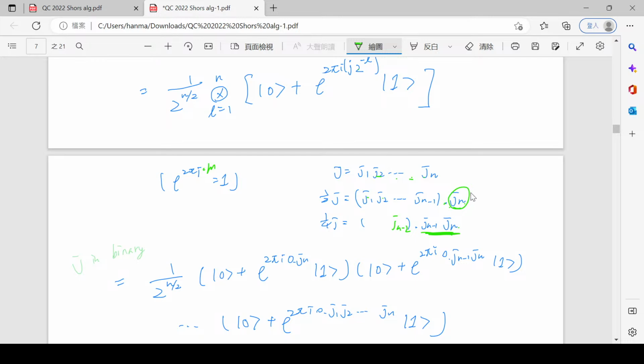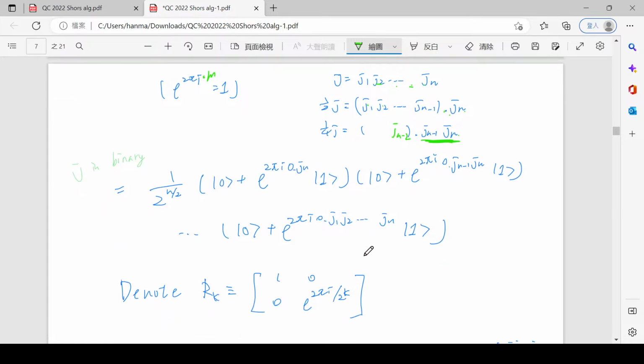Only those non-integer parts are doing anything in this exponent, because they are multiplying 2 pi, and you know 2 pi times an integer equals 1. Okay? And so we get exactly what we claimed we have.